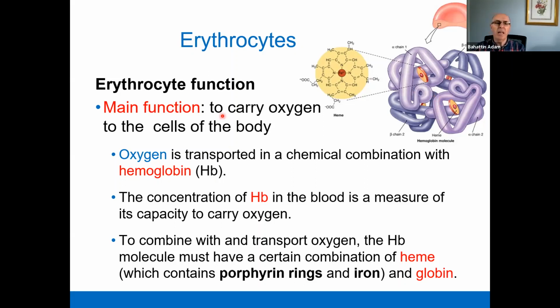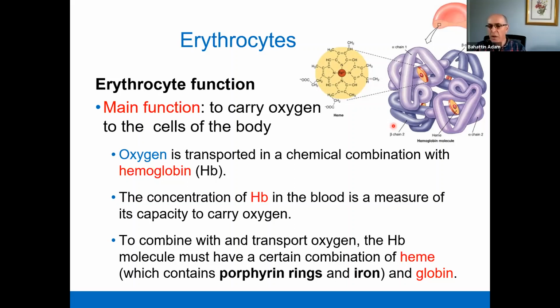Okay, the main function of the erythrocytes is to carry oxygen to the tissues of the body. It takes oxygen from the lung and transports it to each single cell in our body. Okay. Now, oxygen is transported in combination with hemoglobin, right? And the concentration of hemoglobin in the blood is a measure of its capacity to carry oxygen.